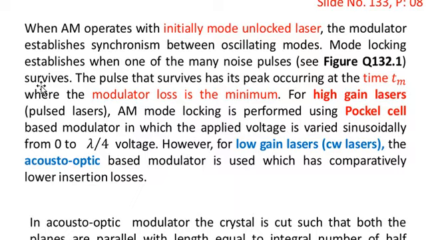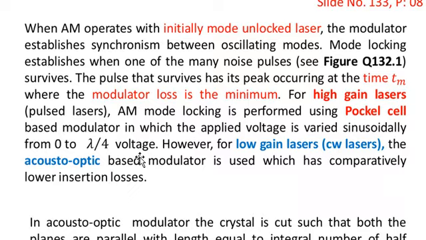The pulse that survives has its peak occurring at the time Tm, when the modulator loss is at its minimum. For high gain lasers, for example pulsed lasers, the AM mode locking is performed using a Pockels cell based modulator, in which the applied voltage is varied sinusoidally from 0 to lambda by 4 voltage.